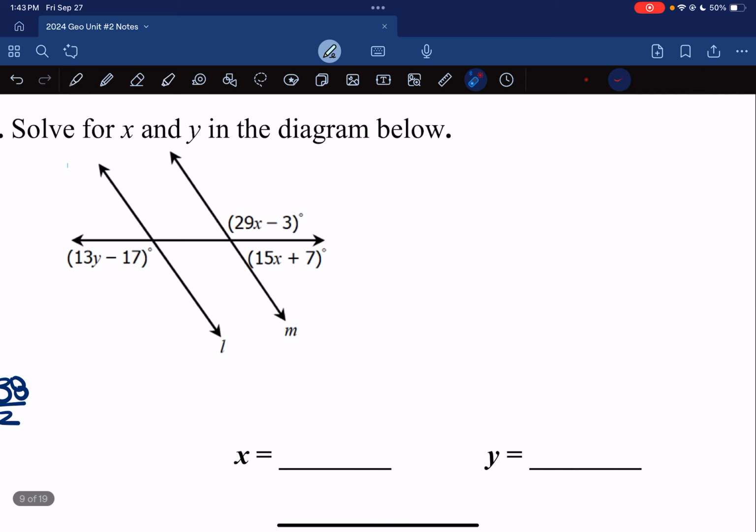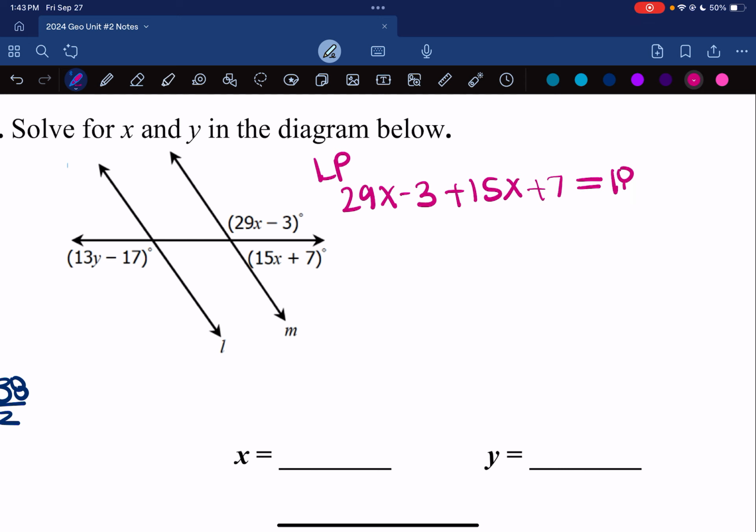So for solving this next problem, our two x's that are side by side are a linear pair. So we're going to have 29x minus 3 plus 15x plus 7 equal to 180.